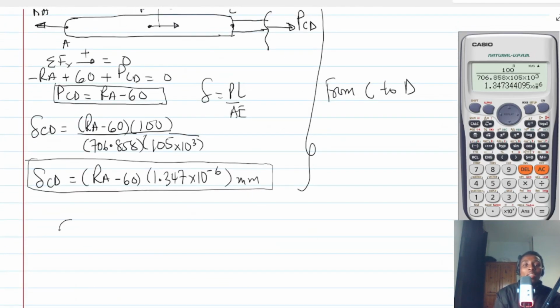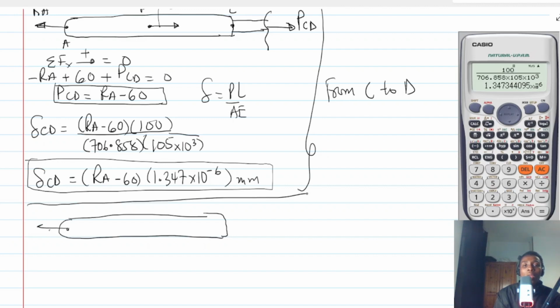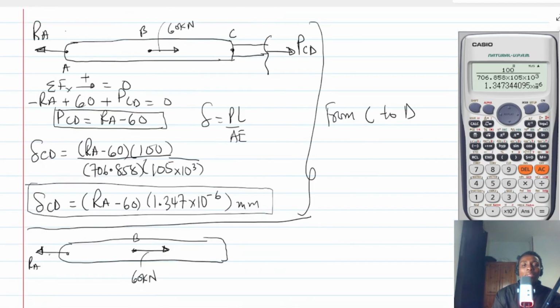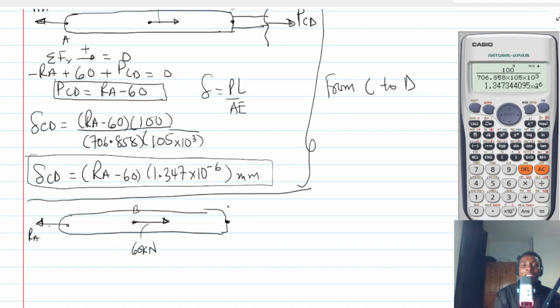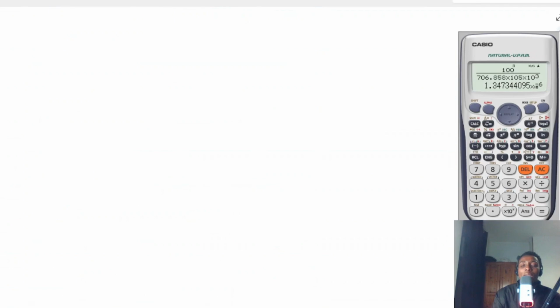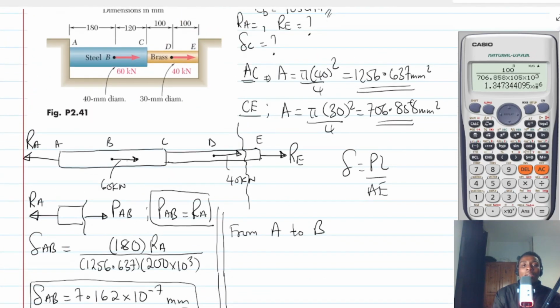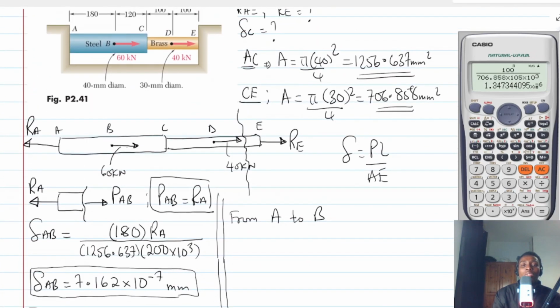So you will get A all the way to C. Let's say this is A, and this is the reaction at A. There is a load of 60 kilonewton at B, and there is nothing at C, but there is a protrusion where the brass comes in, and then all the way to D. Watch this.